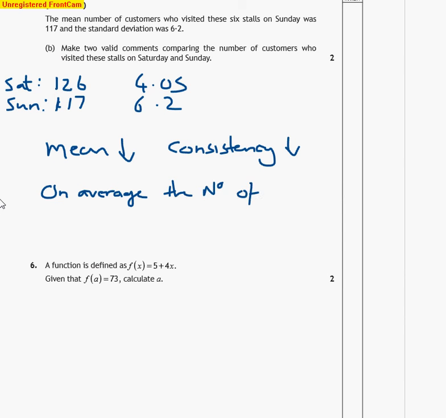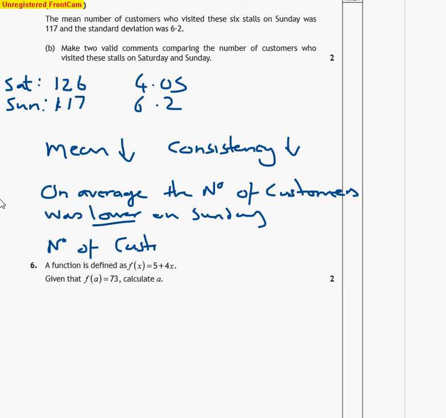on average, the number of customers or people visiting was lower on Sunday, and then say the number of customers, just write the word number, I'm just saying that to save time, the number of customers on Sunday was less consistent or more varied, or there was a bigger spread, okay, something like that.